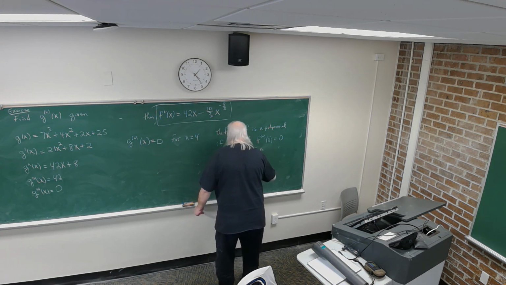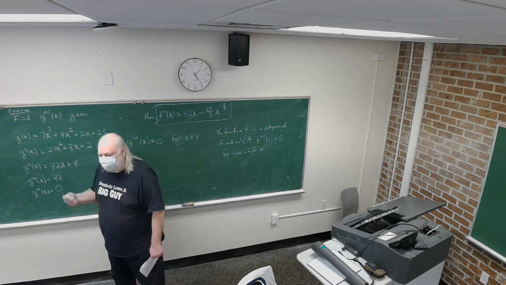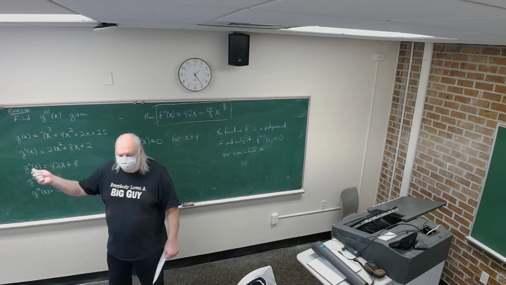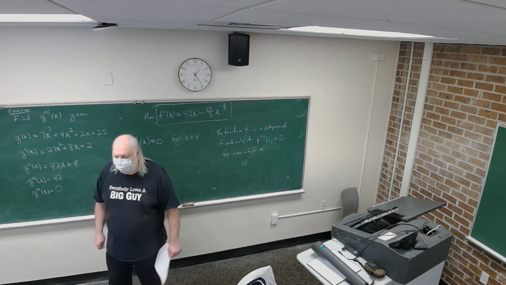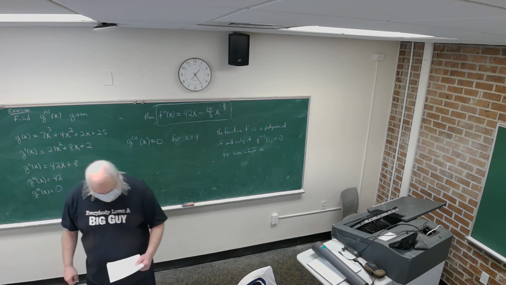Now, how large n is depends upon the degree of the polynomial. If the degree of the polynomial is 100, you got to do a lot of derivatives, right? So, all right.